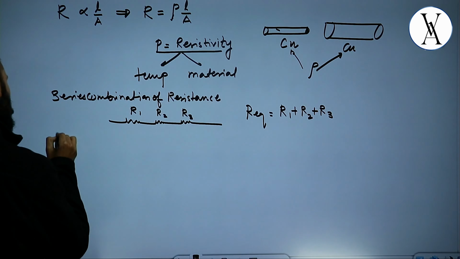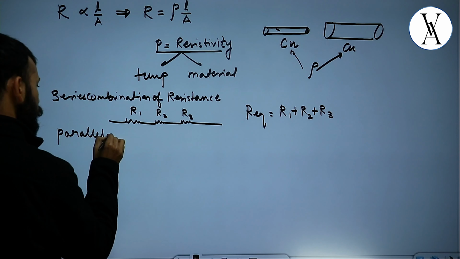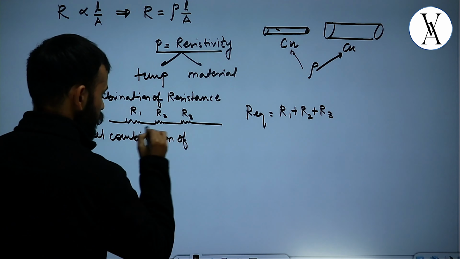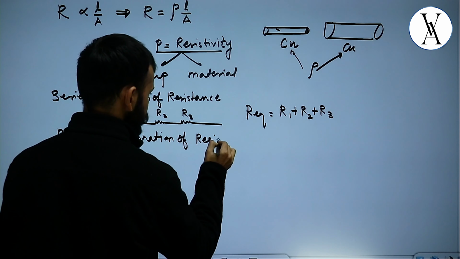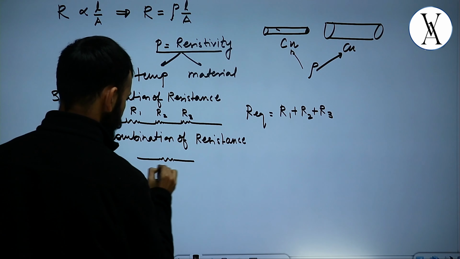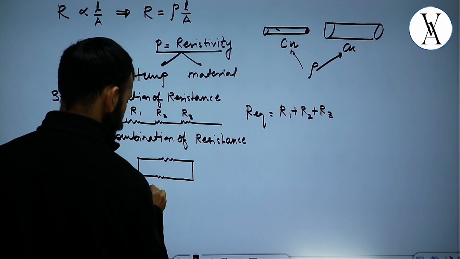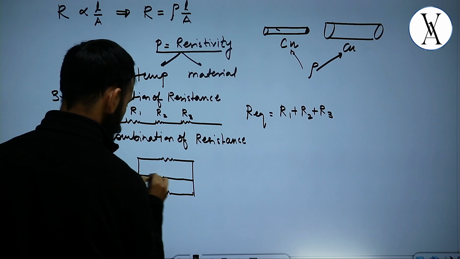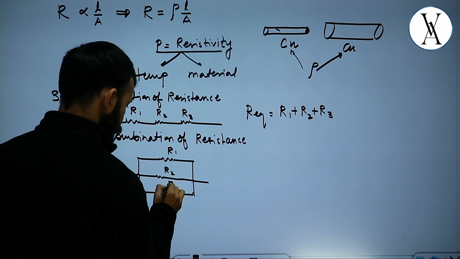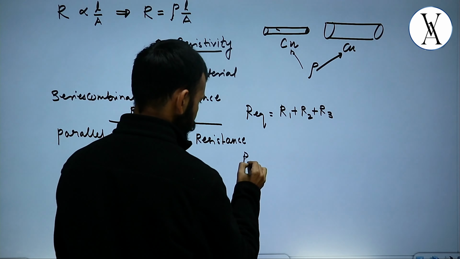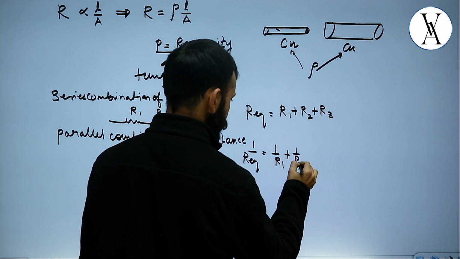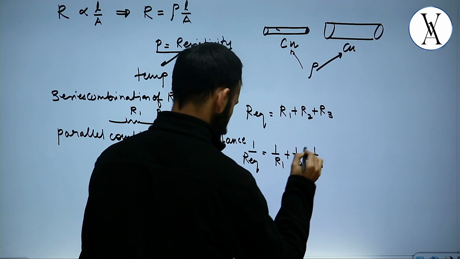Similarly, in the parallel combination of resistance, the resistances are added parallelly, like this, and R equivalent for the parallel circuit is given by the reciprocal sum.